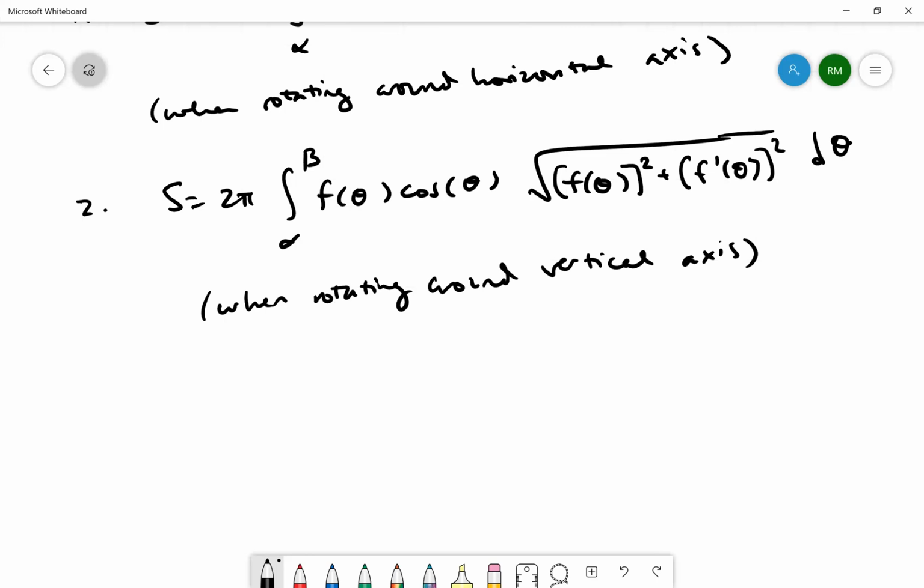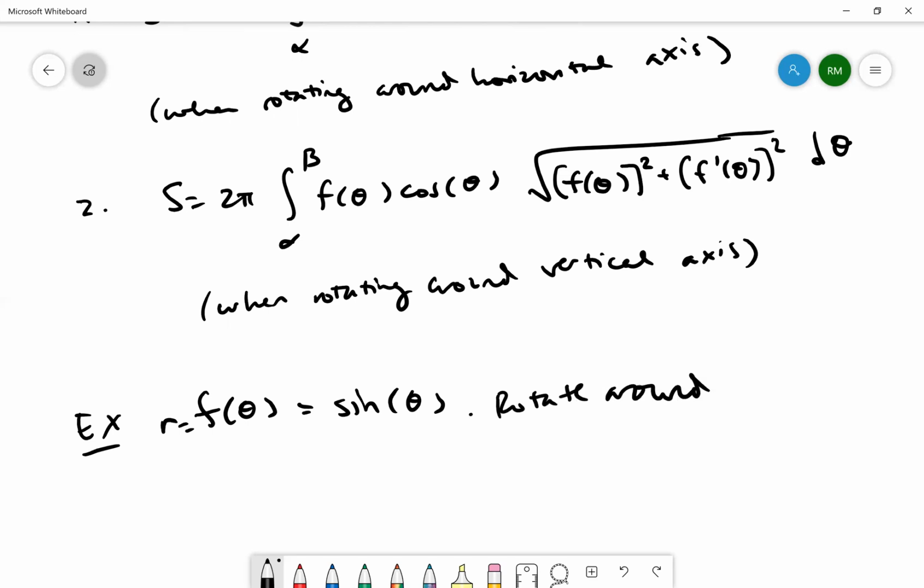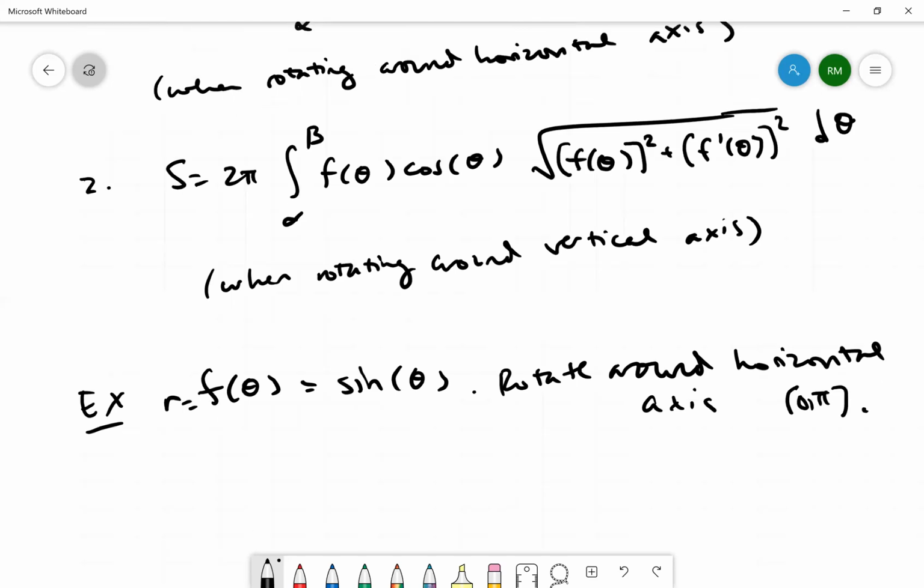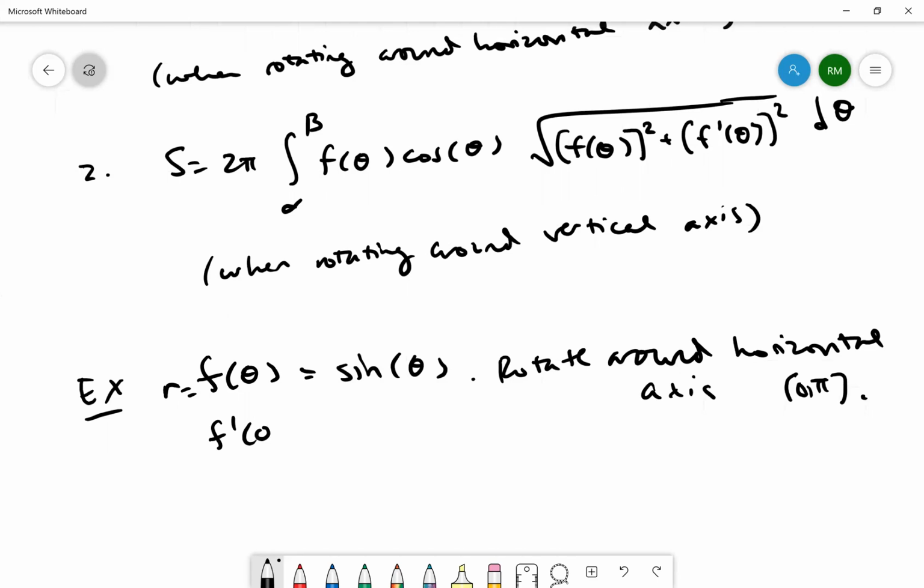So we're going to do a little example. We're going to look at r equals sine theta, and we're going to rotate around the horizontal axis. So our interval is going to be from 0 to pi. So the derivative is the cosine of theta.